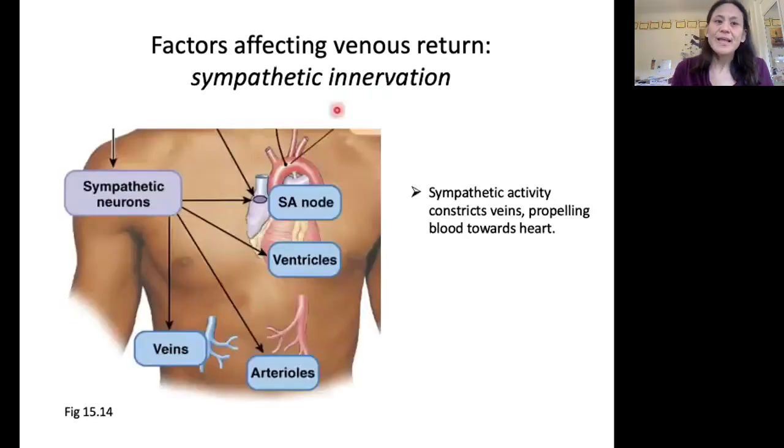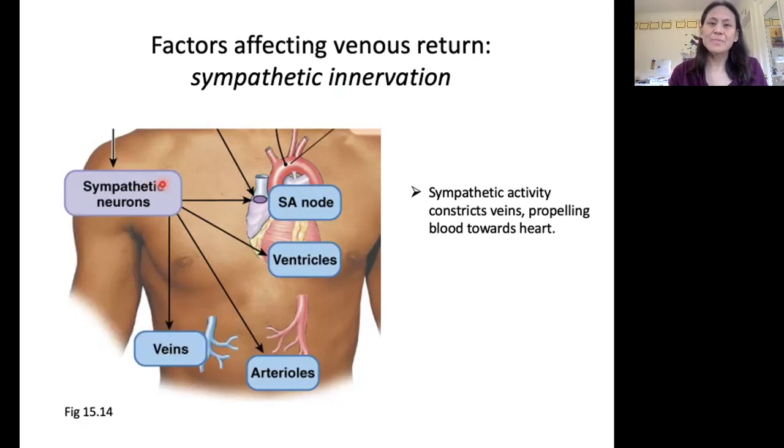Okay. Last thing that's going to affect venous return is sympathetic innervation. The sympathetic nervous system is going to cause vasoconstriction, so constriction of the veins, okay? And that's going to increase pressure on the veins, which then is going to propel blood back to the heart, okay?